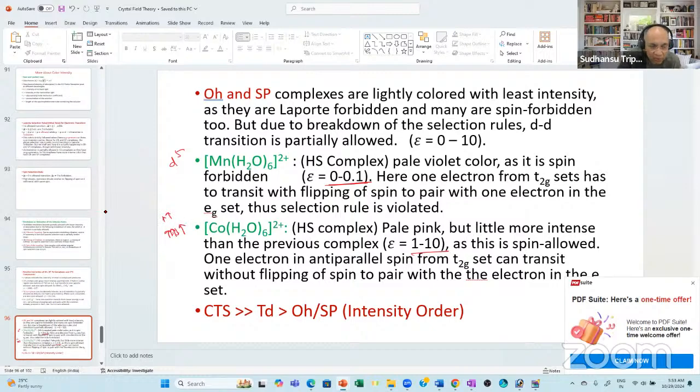So one electron will go as such and pair the other one. This unpaired electron from any of the two pairs will go without change of spin and pair the other one, the higher one. So delta S is equal to 0, no change in spin quantum number. So hence this is an allowed transition. That is why the epsilon is a little more.